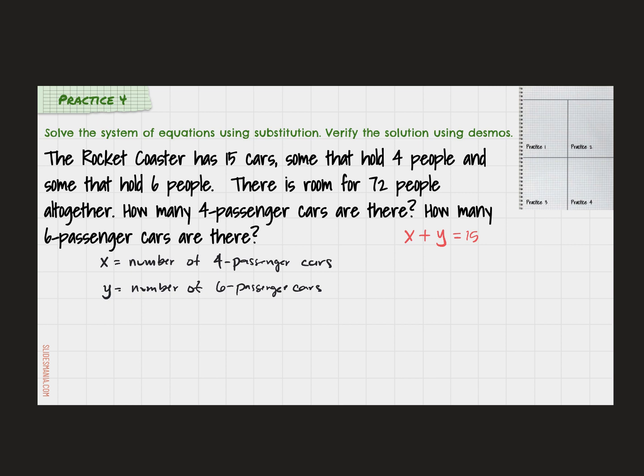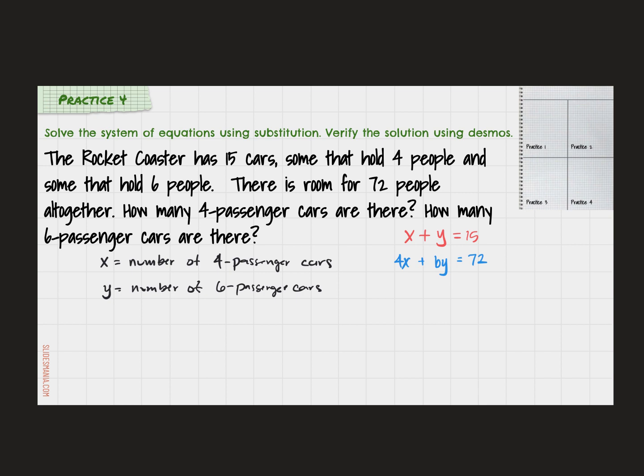So my 4-passenger cars, which is X, hold 4, right? So that's 4X, plus my 6-passenger cars hold 6 passengers, which is 6Y, and that equals a total of 72 people.